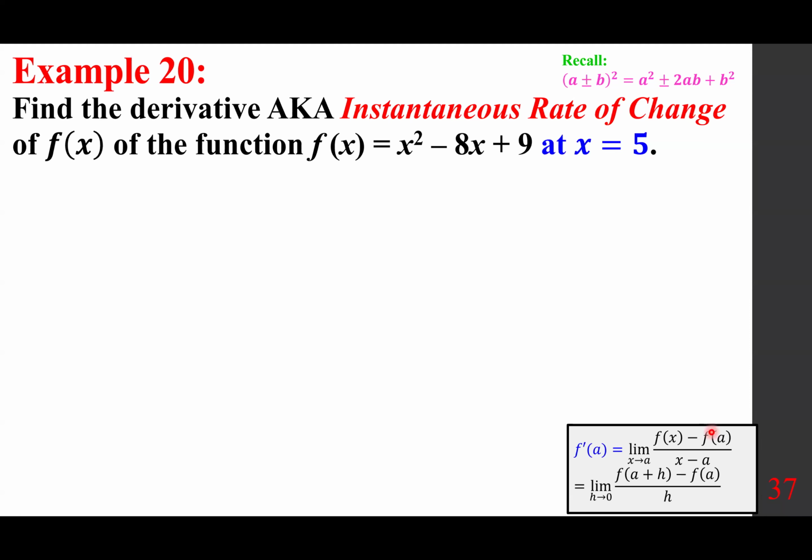You can do any of them. At some point I will do both for practice, but this is used more often. So the limit as h approaches 0 of f of a plus h, that means we're going to write f of 5 plus h minus f of a, that means f of 5, over h. We write that because x equals 5.